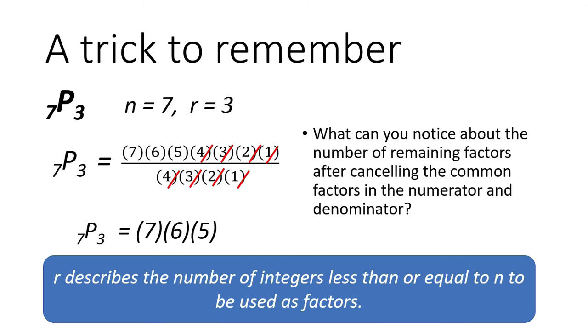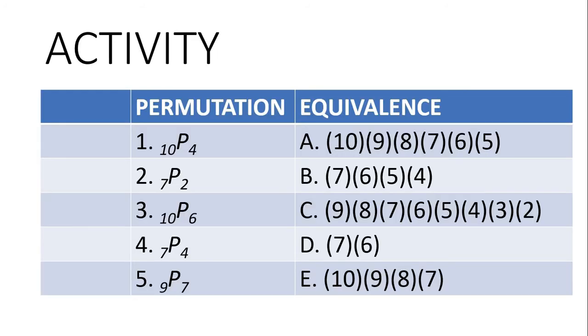And that is a trick to remember. To apply this trick, let's answer the next activity. Match the column of permutation to its corresponding equivalents. You can pause this video to answer this at your own pace.